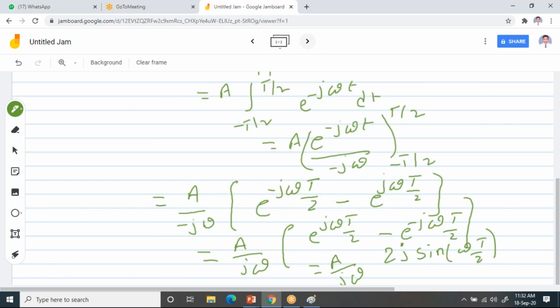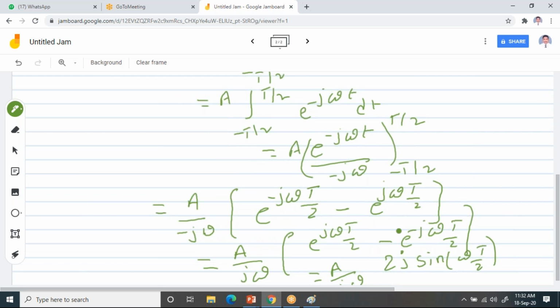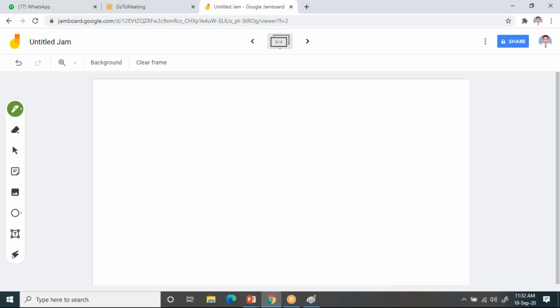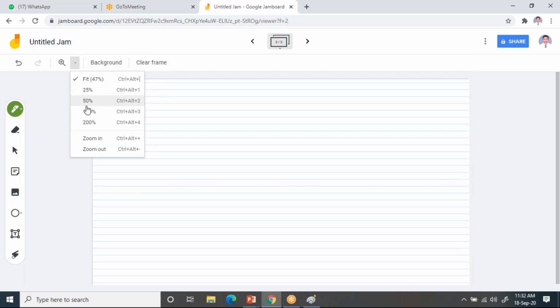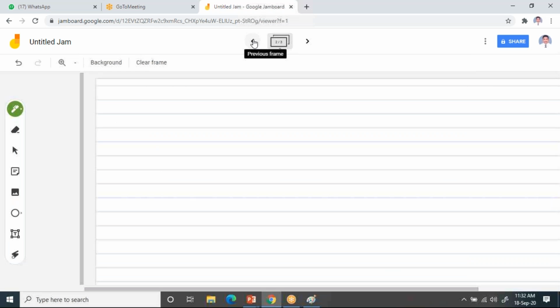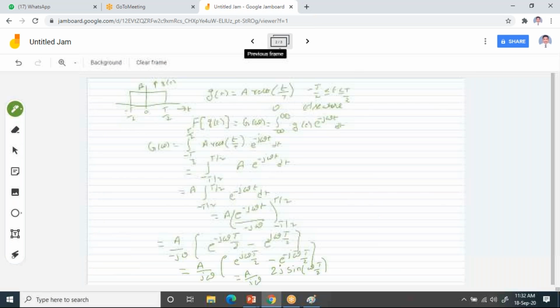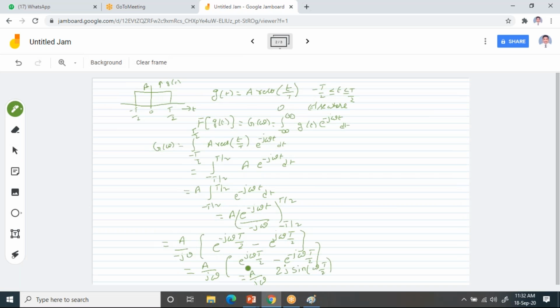Here I can simplify it further. Please try to understand. When you simplify it further, if you see the previous slide, you'll get A by j omega into 2j, all that. Now I'm going to write that.